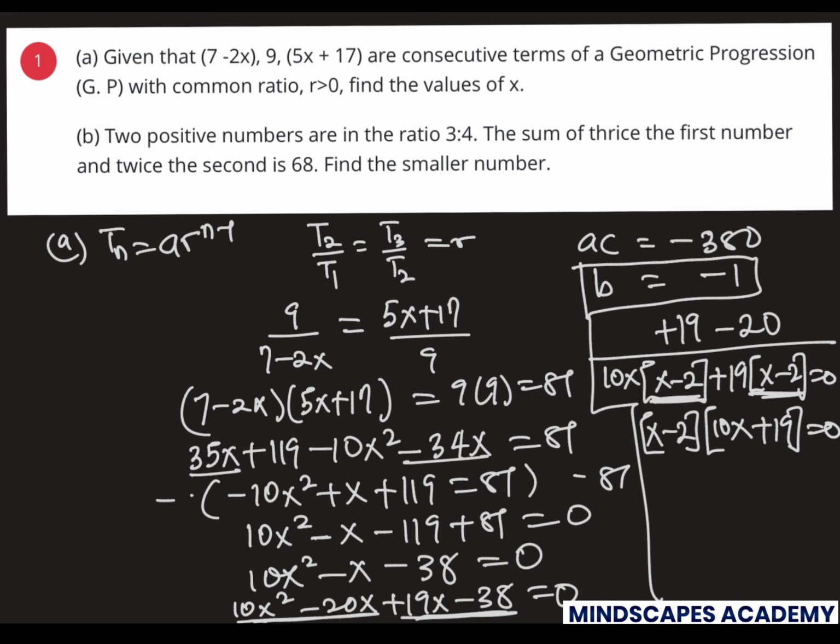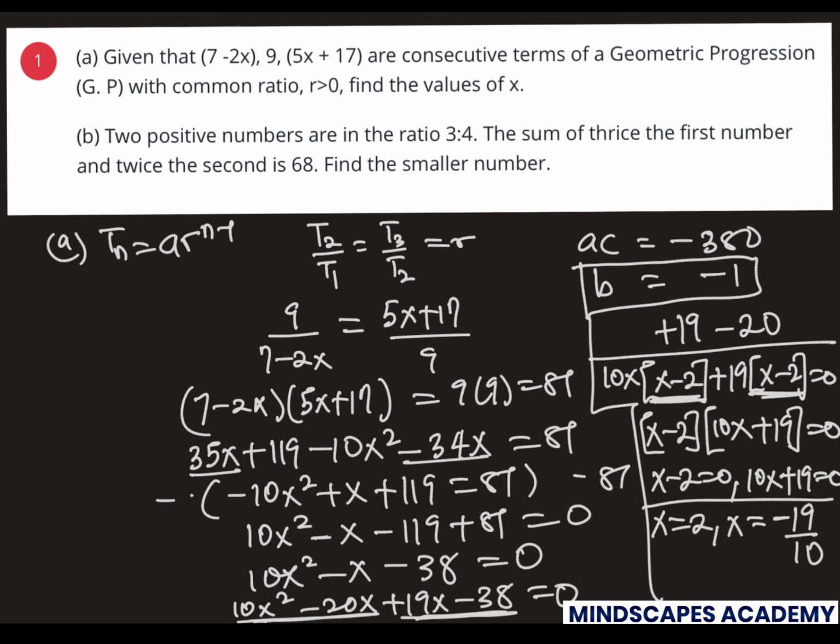Once again, just like the last problem we solved, if the product of two factors equals 0, so x minus 2 equals 0 or 10x plus 19 equals 0. Any of those two can be equal to 0. So x equals 2 and x equals negative 19 over 10.